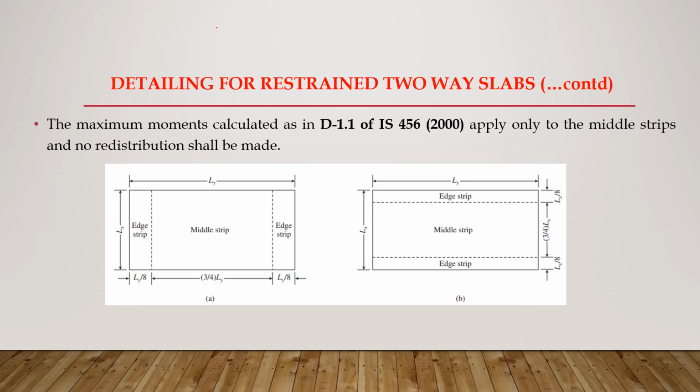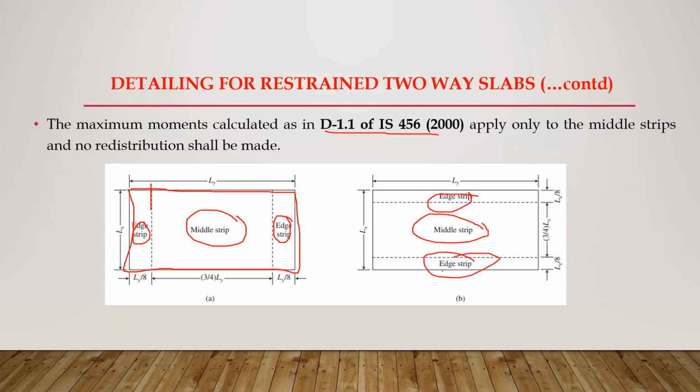The first point is that the maximum moments calculated as per D1.1 of IS 456 2000, that means the previous two formulas that we saw, Mx and My, apply only to the middle strips, and no redistribution shall be made. If you remember, the IS code allowed us to divide our restrained slab into two portions: one is the middle strip and the other two are the edge strips.